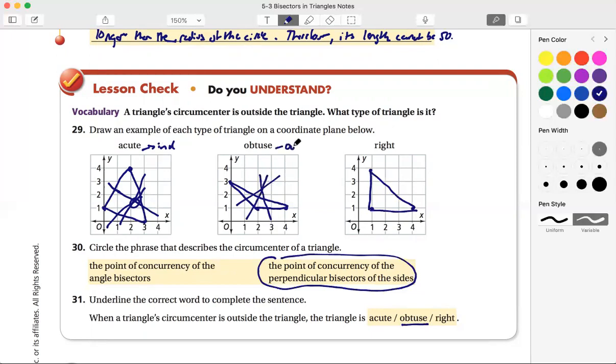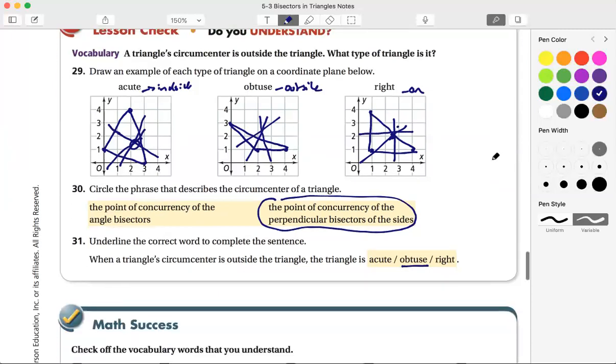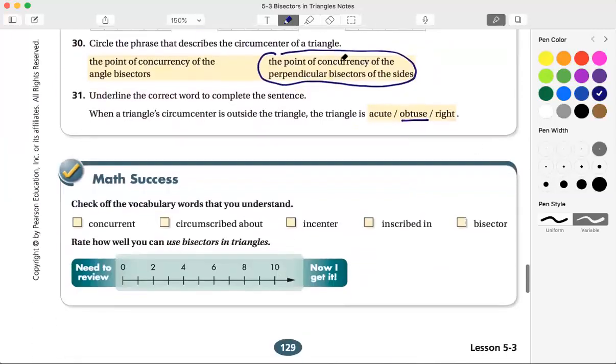For an obtuse triangle, it's outside. And for a right triangle, the bisectors go here, so it's going to be on the triangle. Okay, and that's it for this section.